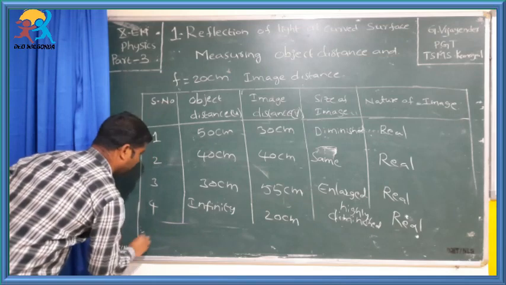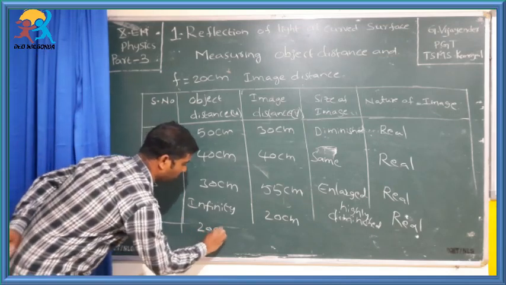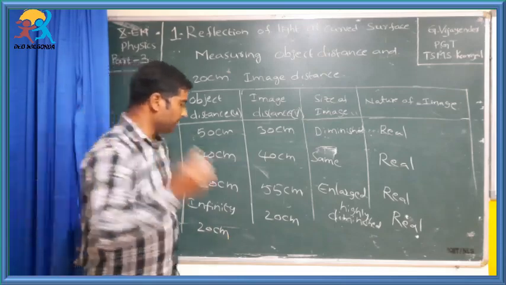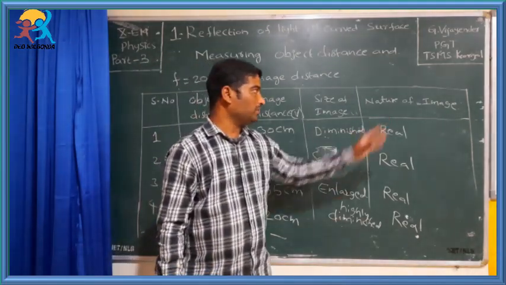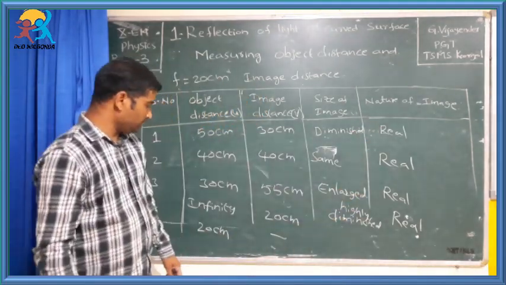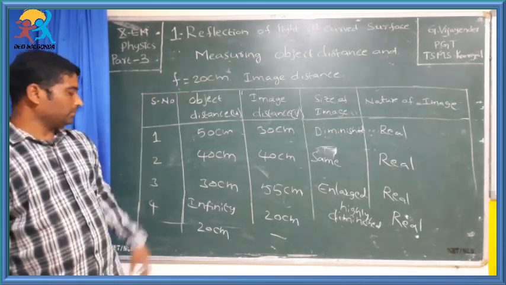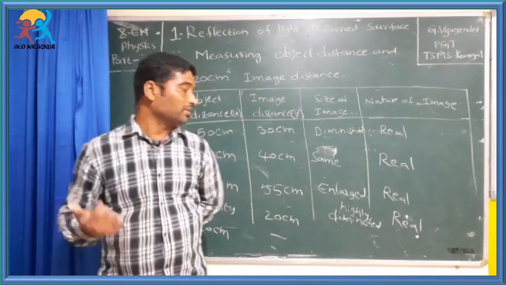And if you place the object at 20 centimeters, that is the focal length of the concave mirror, the image forms at infinity, so we can't say the size and nature of the image when the object is at the focal length.